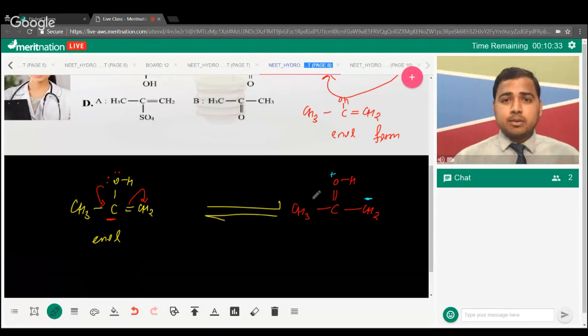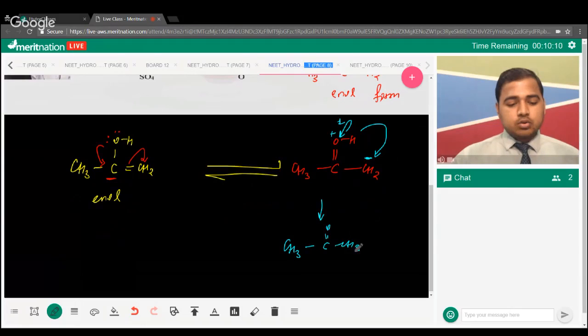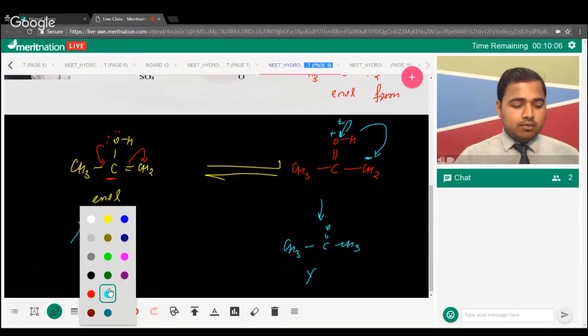It means highly unstable. It wants to lose its positive charge and break the bond from the hydrogen. And this hydrogen, this is the first step, will attack on this negative carbon. So this is the shifting of hydrogen within the molecule. So this is a tautomerism process. So this will be CH3-C double bond O-CH3. So this is your X, and this will be your Y. So finally we solved this one.